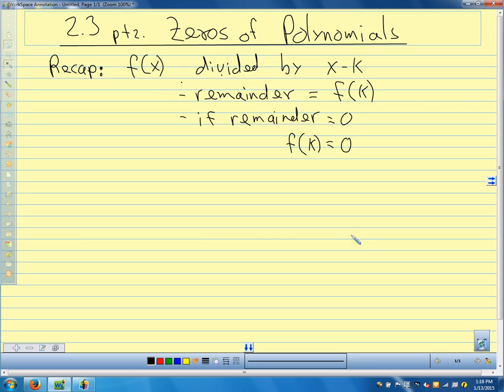We said a couple of days ago that when our remainder is 0, when f of k is 0, there are several things that mean the same thing. What did we say were the things that were the same as saying f of k equals 0? x minus k is a factor of f of x.